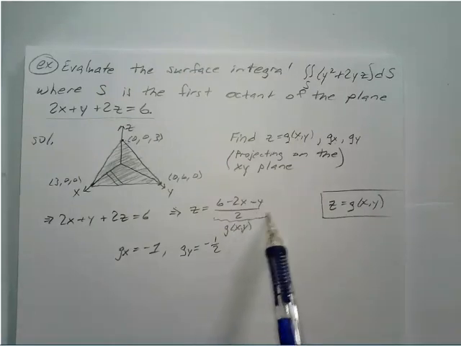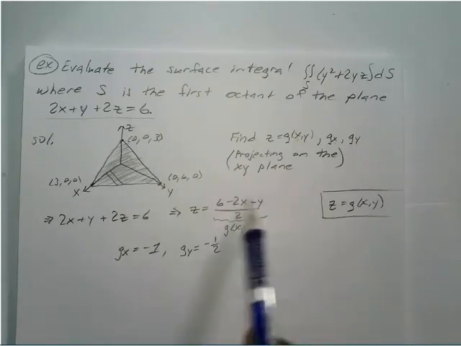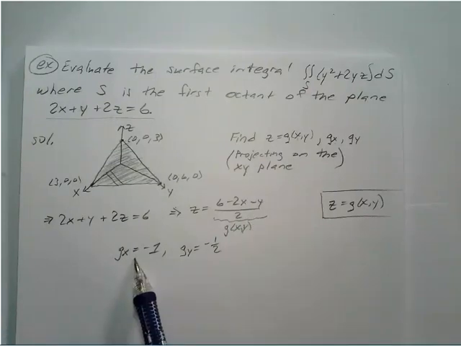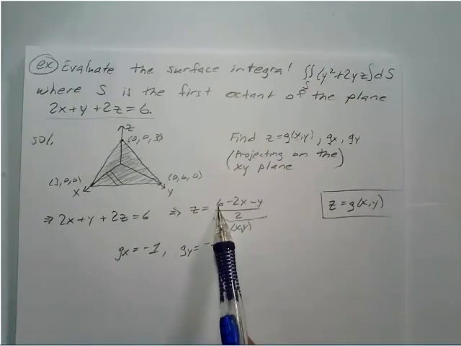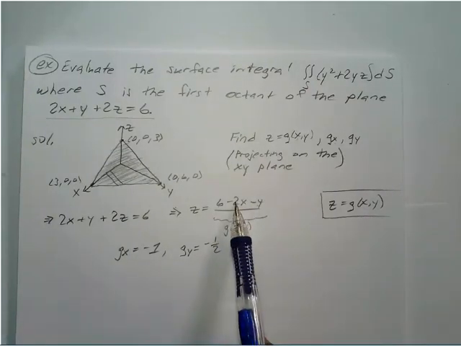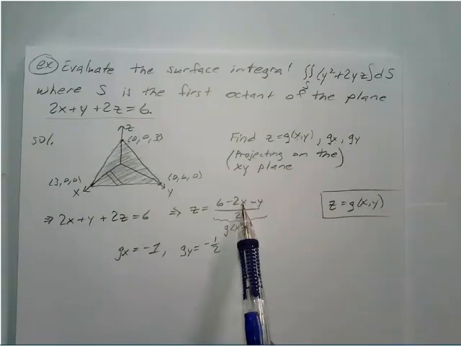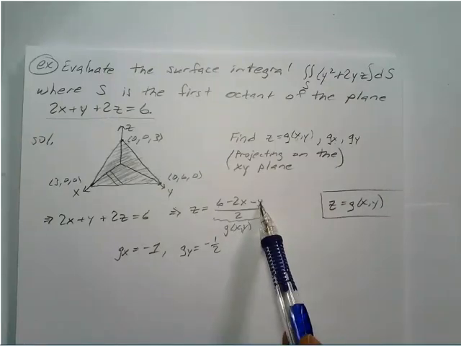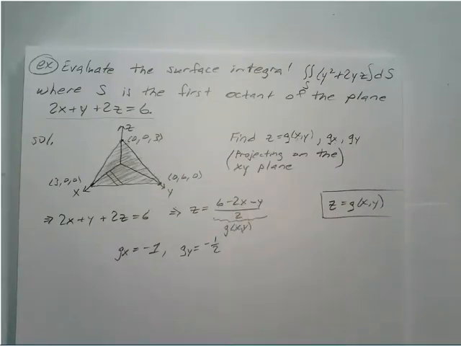Once you find g of xy, you find the partial with respect to x. Remember, this is a constant, so that would disappear. That just leaves you -2x over 2, so the partial is -2 over 2, which is -1. Same thing here, that becomes 1, those disappear, so we have -1 half.